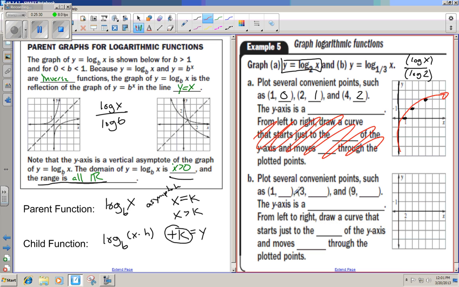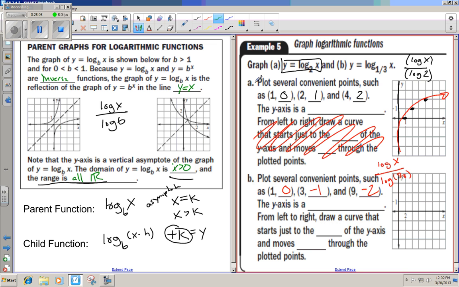Plot several convenient points. This is for part B. You're going to once again use the change of base formula, so you're going to graph log of x divided by log of 1/3. You're going to get some nice points like (1, 0), (3, -1), and (9, -2).